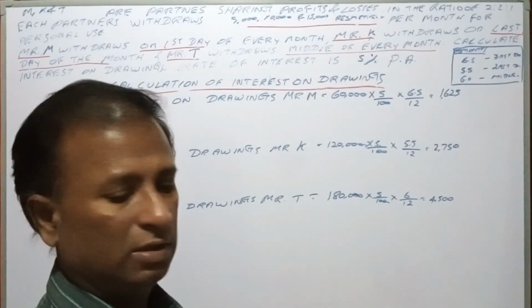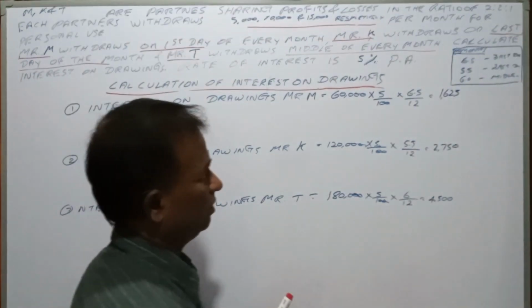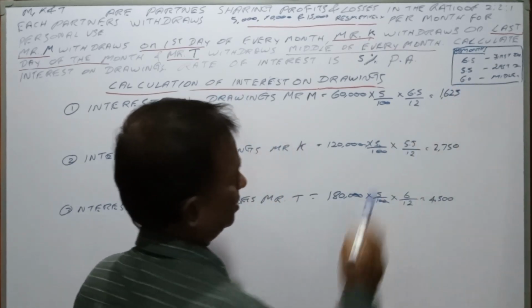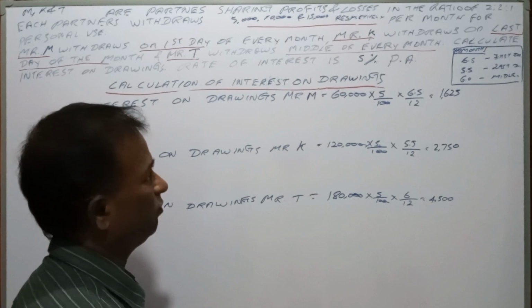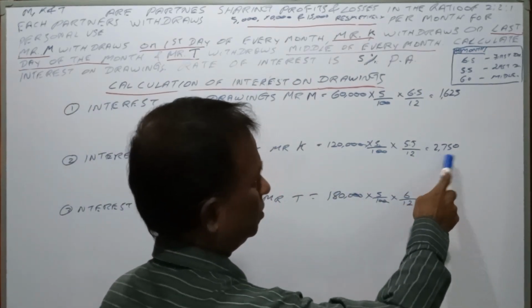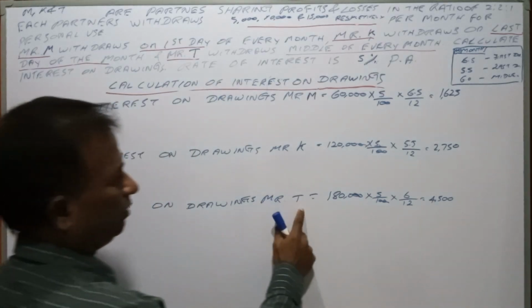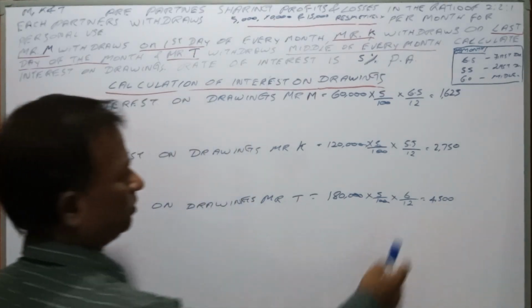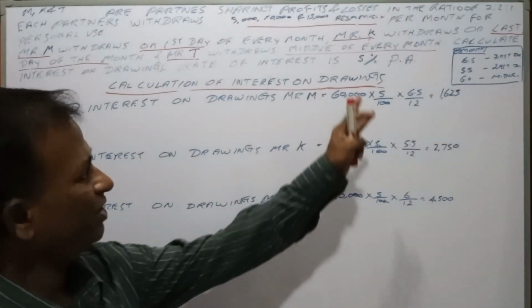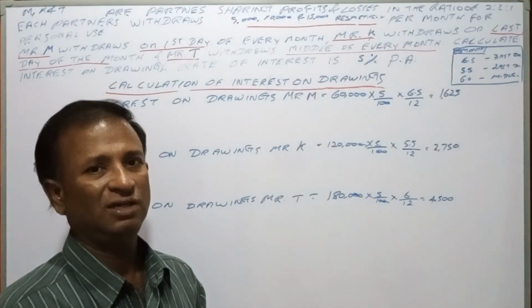This is the interest per annum. We have calculated the interest per annum. Here 1,625 for M. For K, we have to calculate 2,750. For T, we have to pass an entry for 4,500. This is the way of calculation of interest, right?